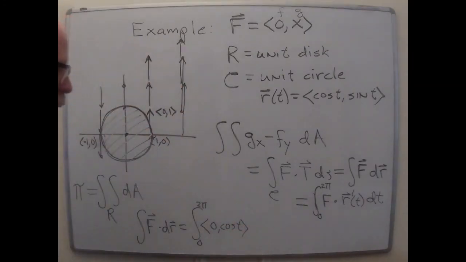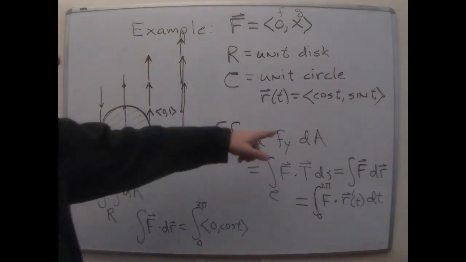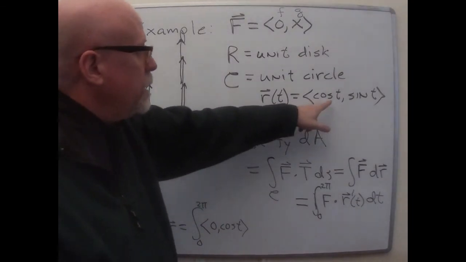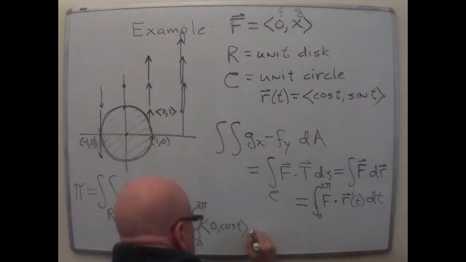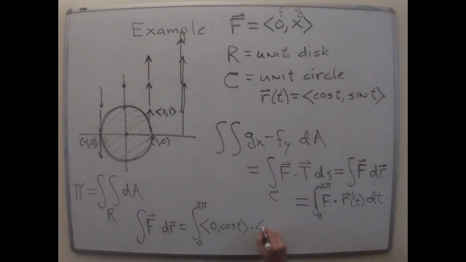That's what f is. And r prime is minus sine t, comma, cos t, and then dt. This dot product just gets us cos squared t. Right? 0 from that, cos squared t from that.